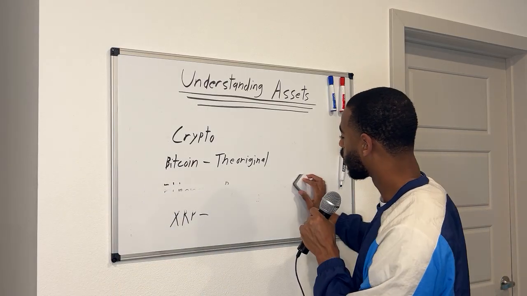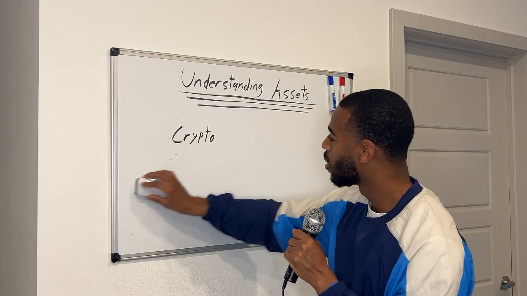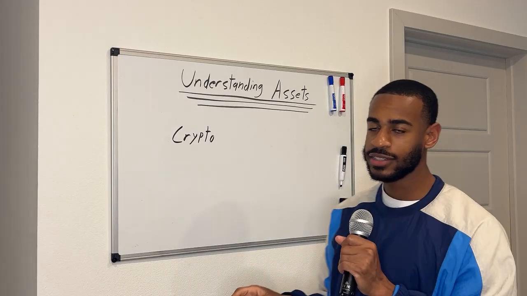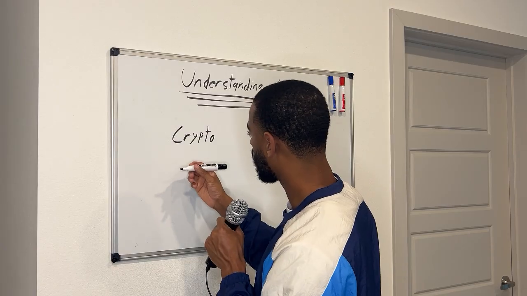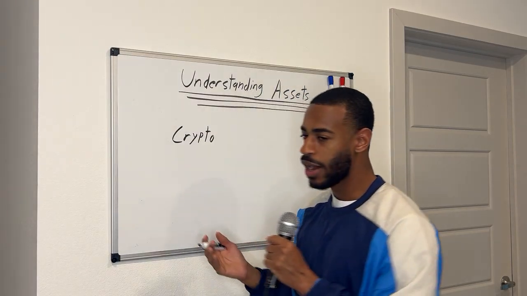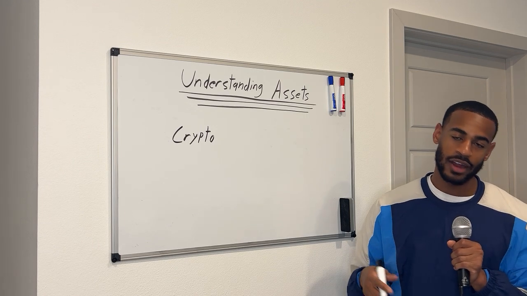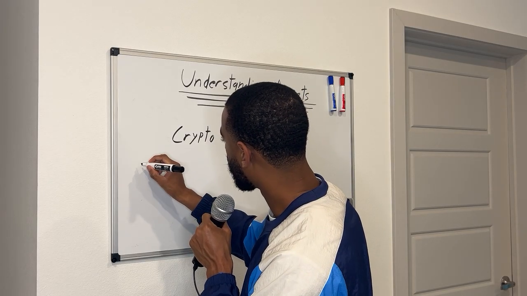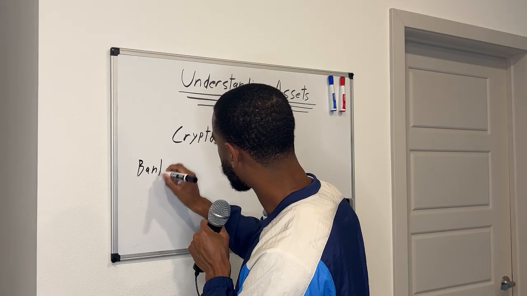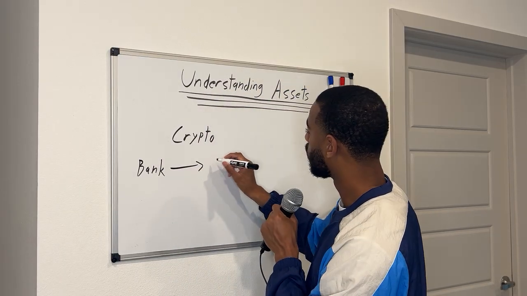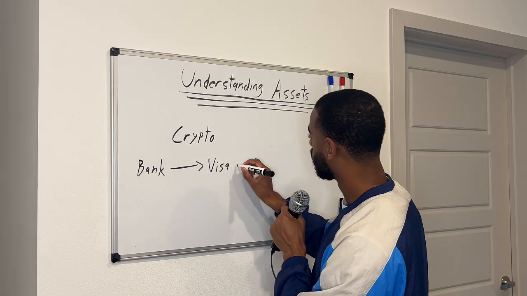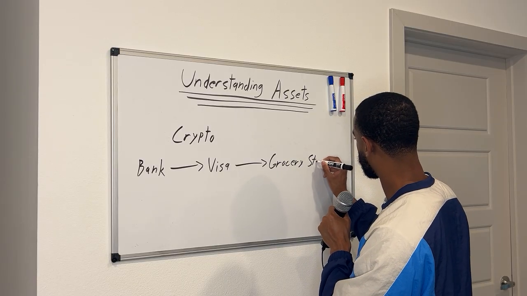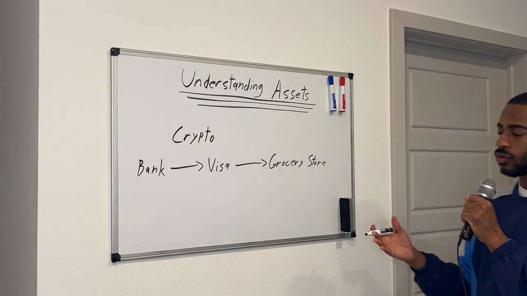The others, the thing that gives crypto value is that it's not tied to a payment network like Visa, right? So when you spend dollars, when you swipe your debit card, it has to go from, let me visualize this for y'all. Let's say you wanted to buy a loaf of bread from the grocery store. So that money has to go from your bank to Visa's network to the grocery store and then you get your item.